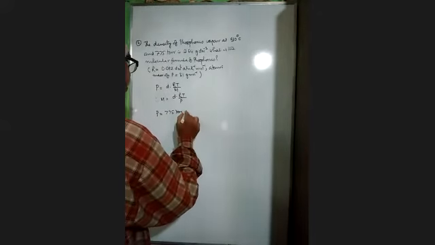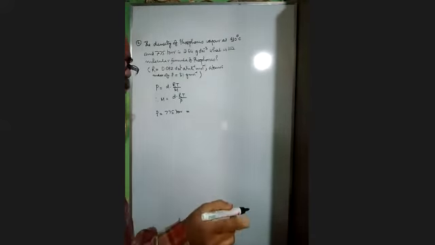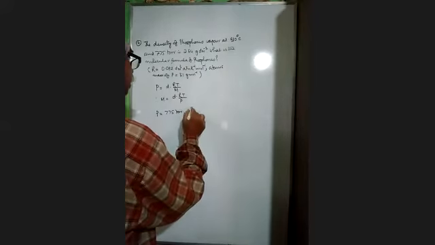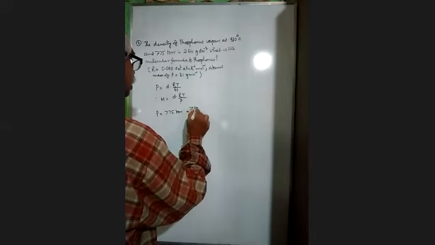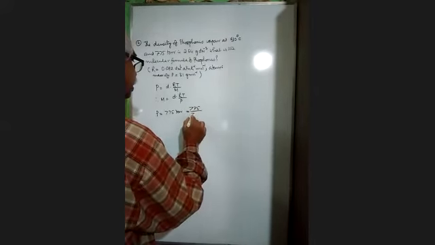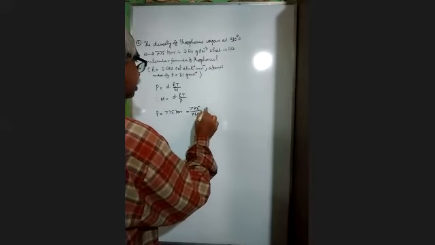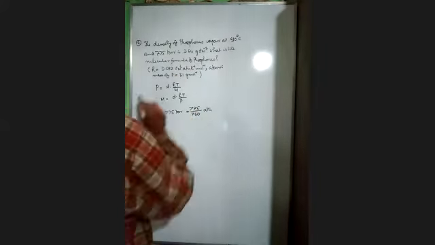So what should I write? I told you 760 torr is equal to 1 atmosphere. So you have to convert this one into atmosphere divided by 760. Rest you do.